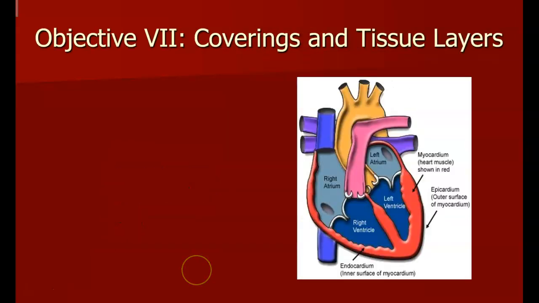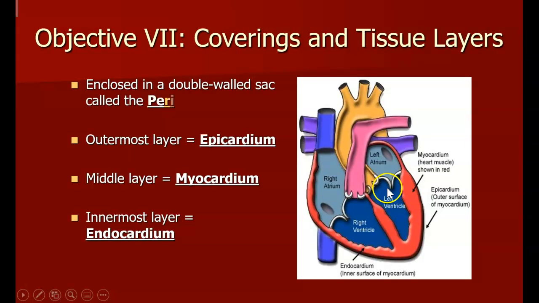The heart has some different coverings and distinctive tissues. We already talked about the coverings of the serous membrane, so the parietal pericardium, the pericardial cavity, and the visceral pericardium. But right underneath the visceral pericardium, where it kind of melds together, is a layer of tissue called the epicardium.